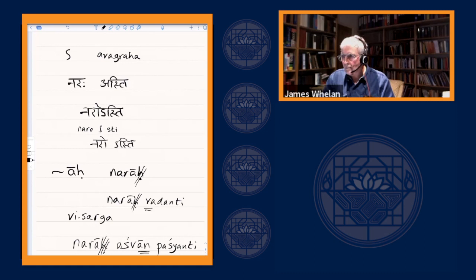Oh, ashvan. Yes, that's it. To the two horses. And then it just goes, gachanti. Oh no, sorry, gachati. So with the sandhi, that would just be Ramo 'shvan gachati. Ramo 'shvan gachati. You've got it.